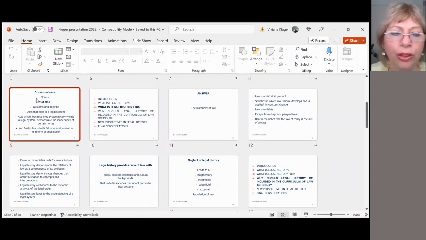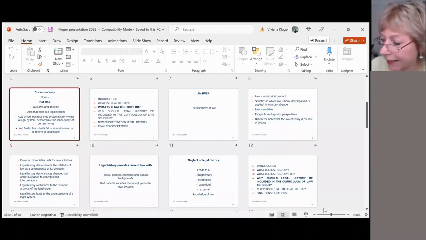And legal history covers not only norms, but also customs and doctrine and acts that exist in a legal system, and also acts which, because they systematically violate a legal system, demonstrate the inadequacy of certain norms, and finally leads to its fall or abandonment or its reform or substitution.